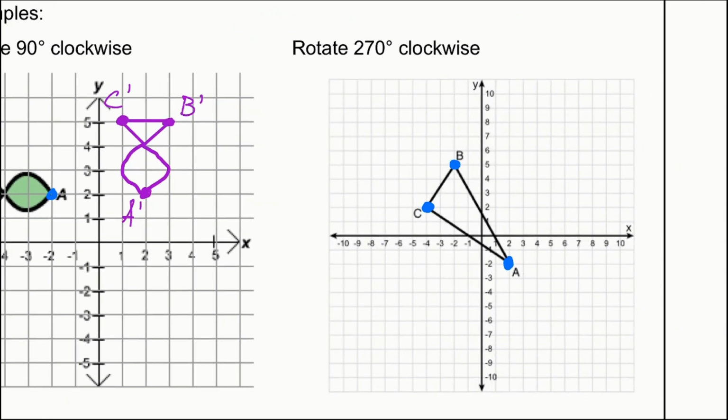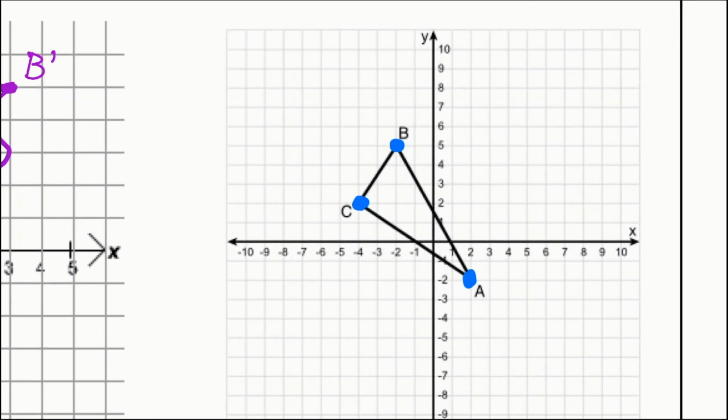My screen looks to be that A is at 2, 2. So let me upright it again. 2, 2 is right here. That would be A prime. When I rotate it 270 counter again, B is at -5, -2.